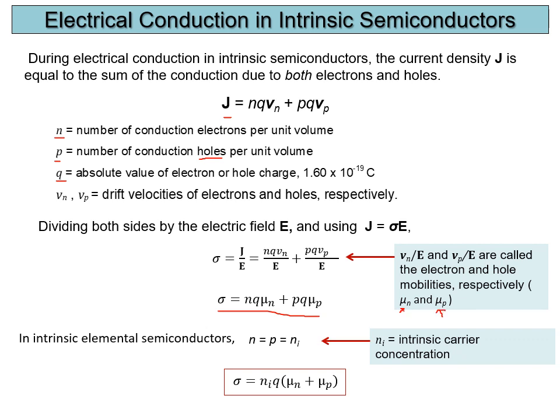So mu n is vn over E, while mu p is vp over E. Mu is mobility.